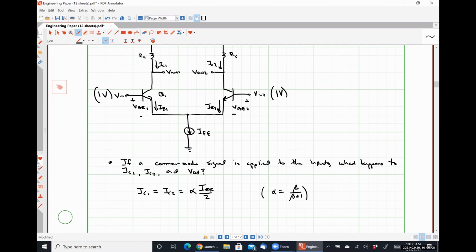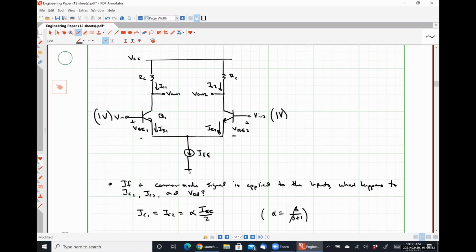What does that mean with respect to our differential output voltage? We have the exact same current flowing through both of those resistors RC. So Vout1 should be VCC minus ICRC.